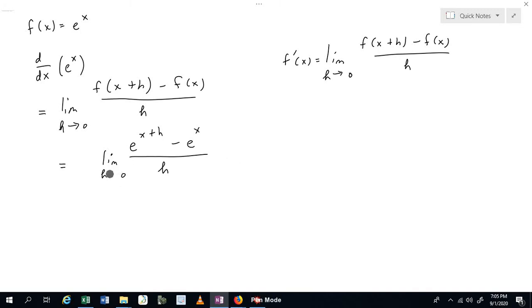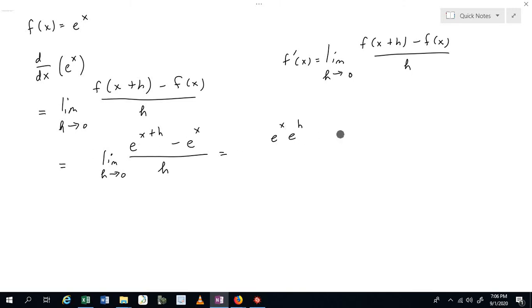Okay, so now what we're going to do is break this apart. Now you may remember one of the properties of exponents is if you have the same base, you would add exponents. So e to the x plus h is the same as e to the x times e to the h. Because if the bases are the same, you would add exponents.